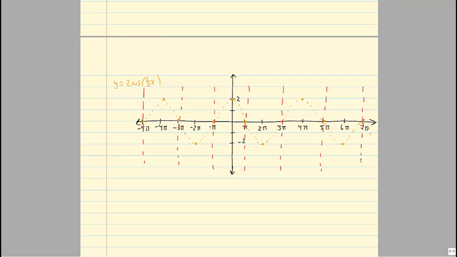So I put in my vertical asymptotes, and then this graph in red will be the 2 secant 1/2 x.